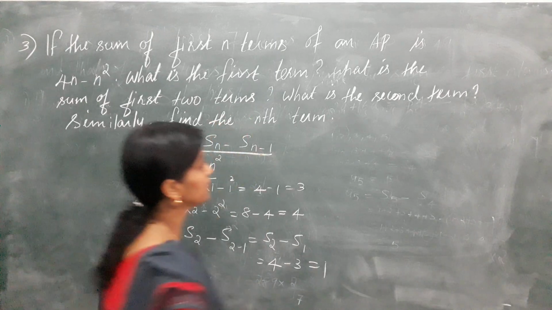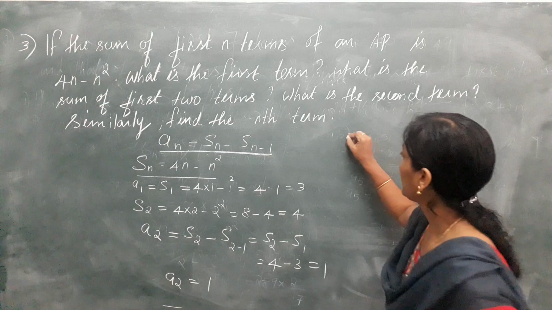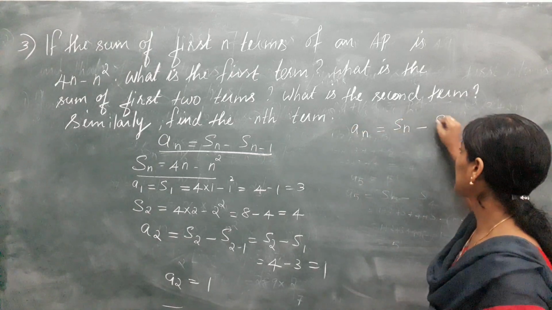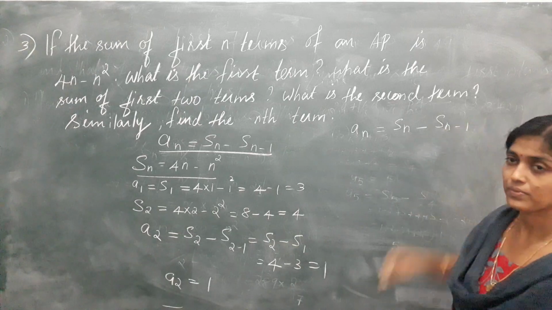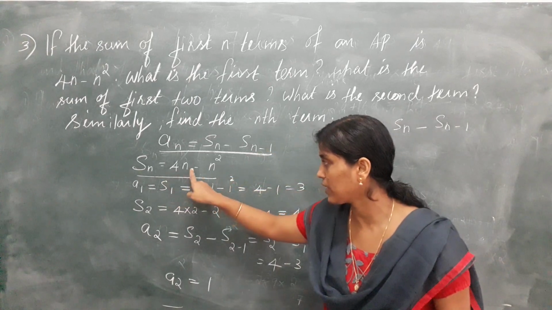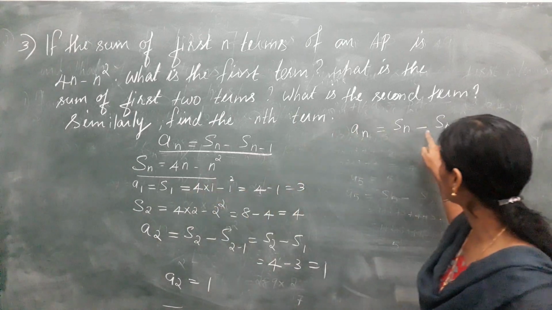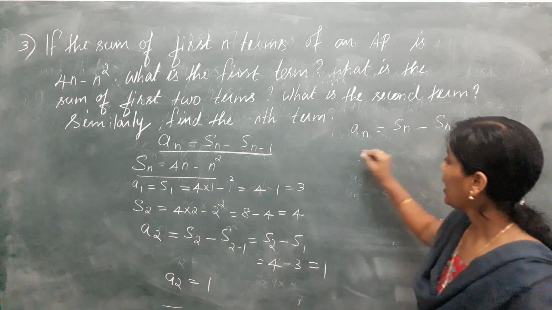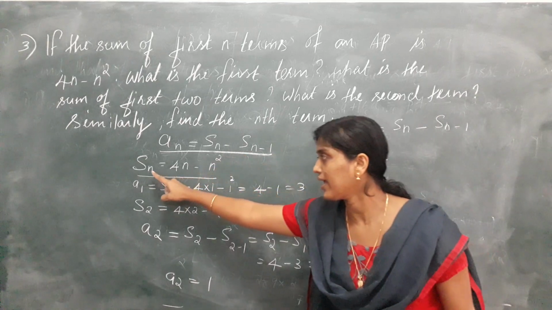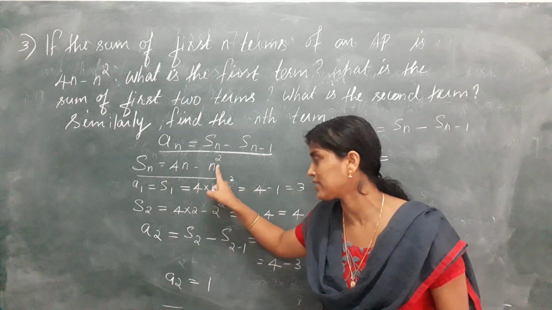Nth term means the formula An is equal to Sn minus Sn minus 1. Here Sn is equal to 4n minus n square.